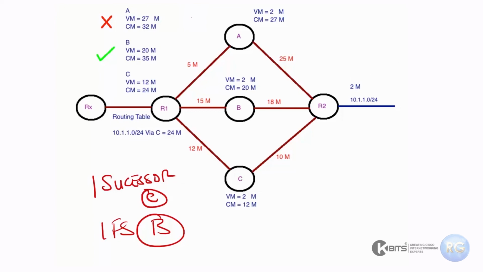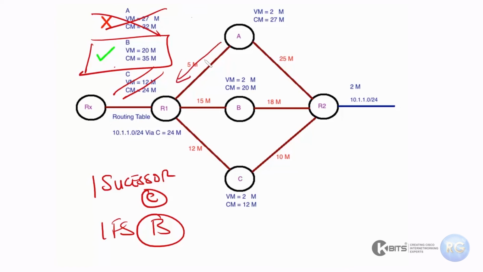If C drops, I don't need to do any algorithm running. I have a route in my topology table. I'll pull it immediately and put it into what? My routing table. Good. It does not do anything with this. This one is lost. Very quick convergence.